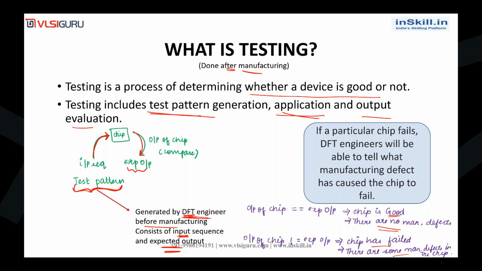The input sequence will be applied onto our chip, and the output of the chip will be compared with the expected output. If it is equal, the chip is good and there are no manufacturing defects. If it is not equal, the chip has failed, and there are some manufacturing defects in the chip.